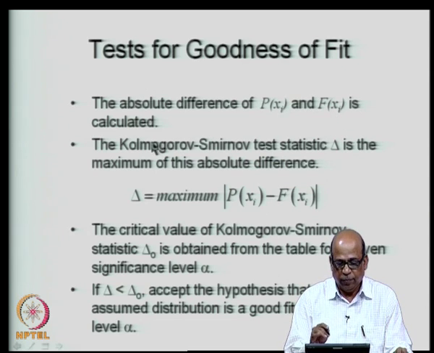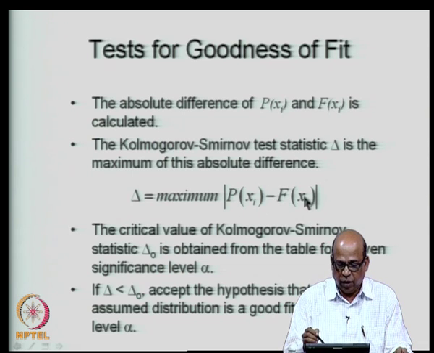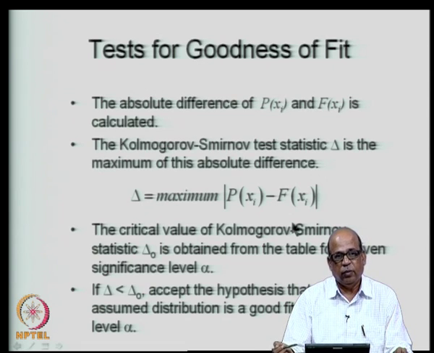The test statistic for the Kolmogorov test is denoted as delta: the maximum absolute difference between P of x i and F of x i.